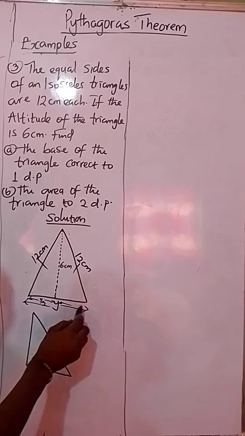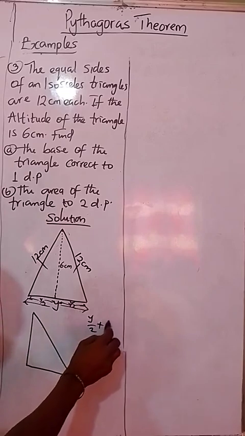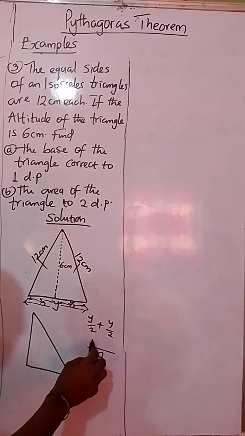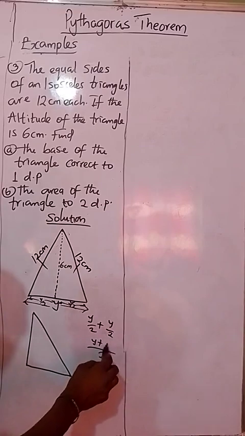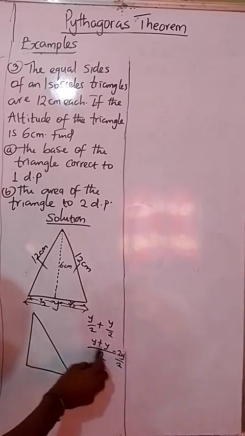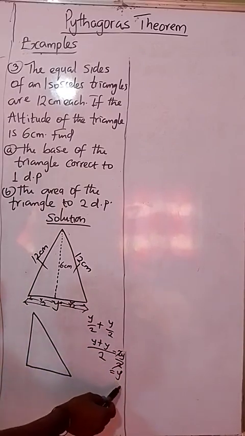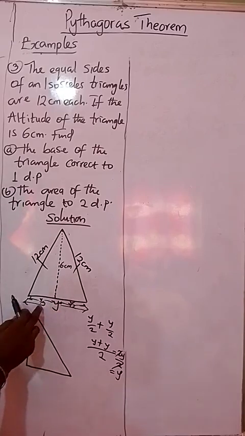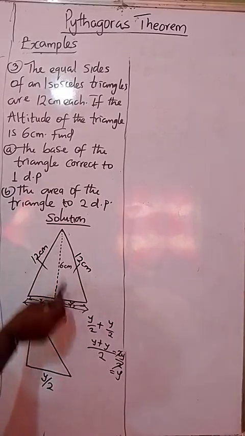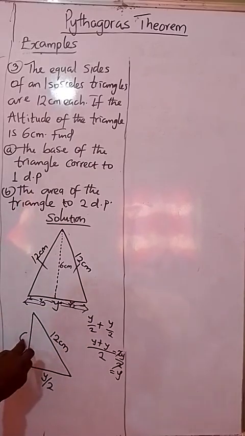And from here to here, we add y over 2, because y over 2 plus y over 2 is 2y over 2, that's y. So we need half of the whole base, and here is 12 centimeters, and here is 6.